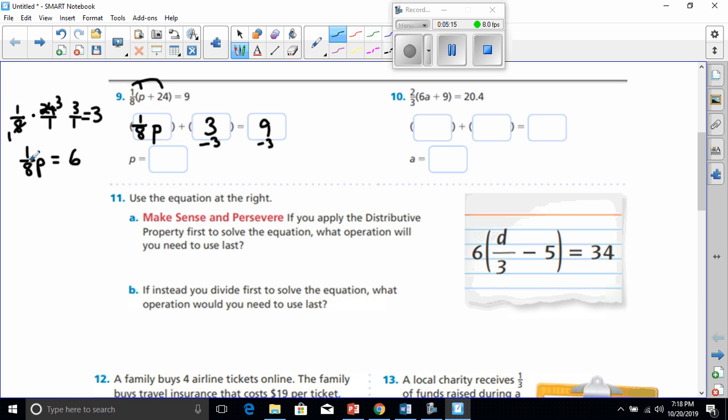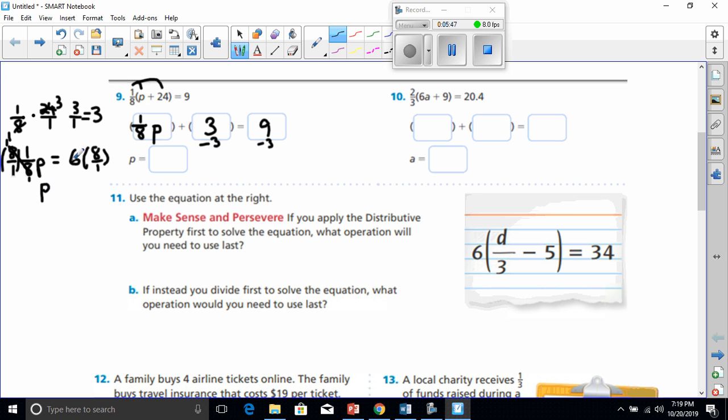Remember when we have 1 over 8, I have to multiply the coefficient to its inverse to get P alone. So that means I'll multiply it to 8 over 1. When I multiply it to 8 over 1, I have to multiply the other side to 8 over 1. Now you might be wondering why 8 over 1, and that's because, again, I can use the butterfly method to eliminate my 8s and make it 1 over 1. Now I have 1p left over, and that's what we needed here, 1p.